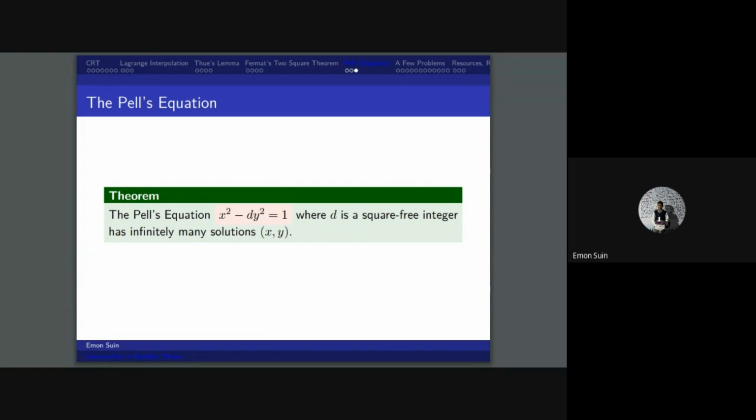It might so happen that d is not a perfect square. For example, suppose d is equal to 18, then we have a factor 9, and 9 is a perfect square, so 18 is not square free. So d does not have a perfect square among its factors. Got my point?